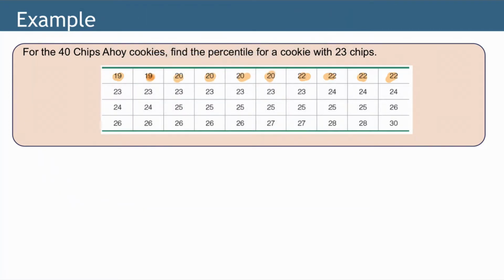Looks like it's 10 out of 40. And so that's 1/4 or 0.25, and so multiply by 100 to turn it into a percent, so 25% or 25th percentile. All right, so that's all there is there. That's just again another way of gauging spread and where a data value is.